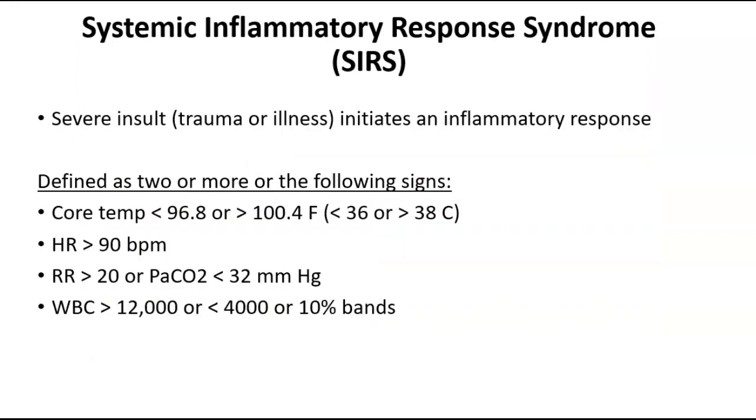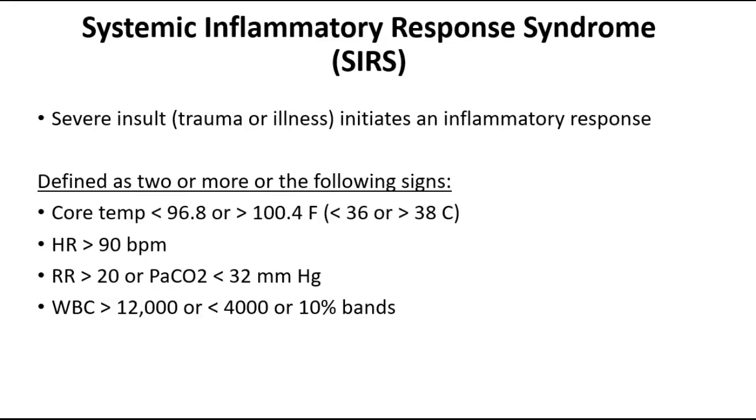Okay, so the next concept to discuss in shock is systemic inflammatory response syndrome. If you were to Google this, you will find these items, right? These criteria are always the same. So SIRS is defined as 2 or more of these.